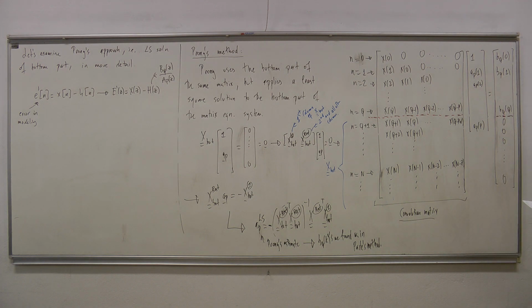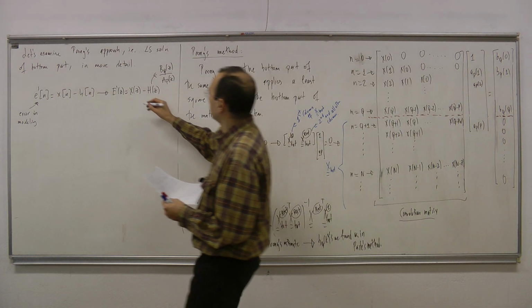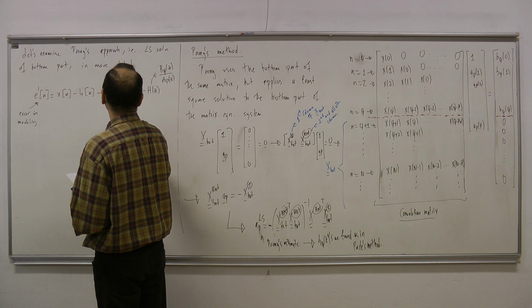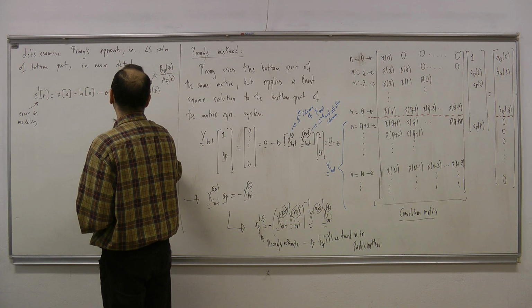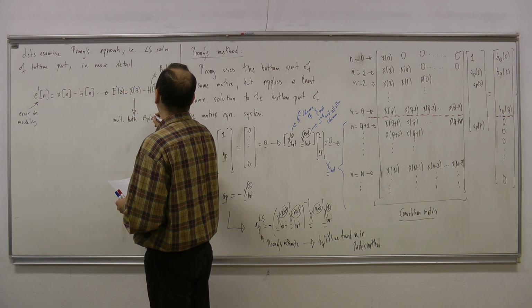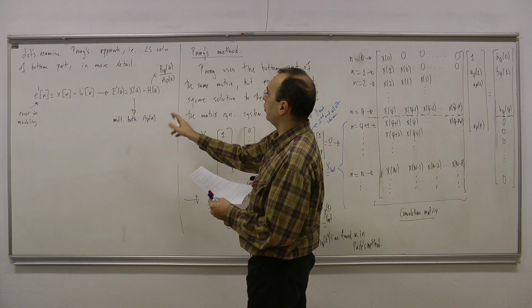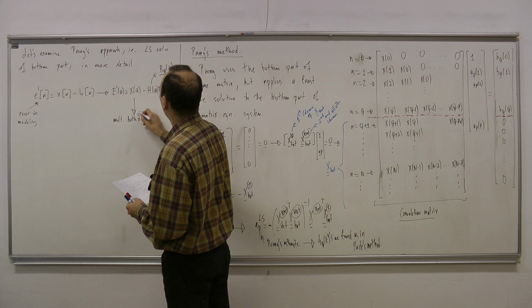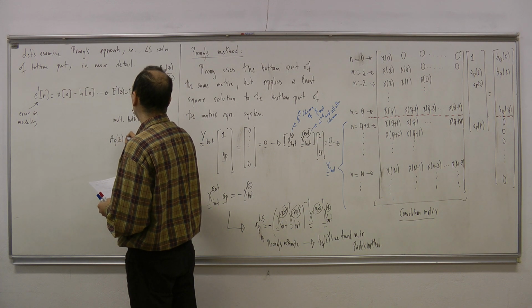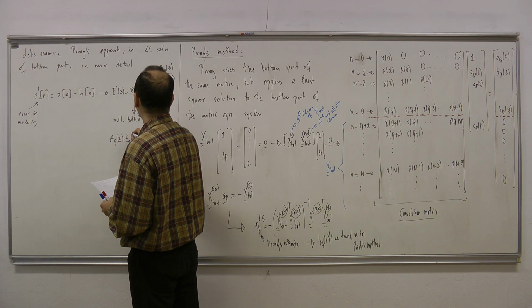That's my model. Then, as we did before, I multiply both sides by ap of z. We have done this before in the Pade discussion.